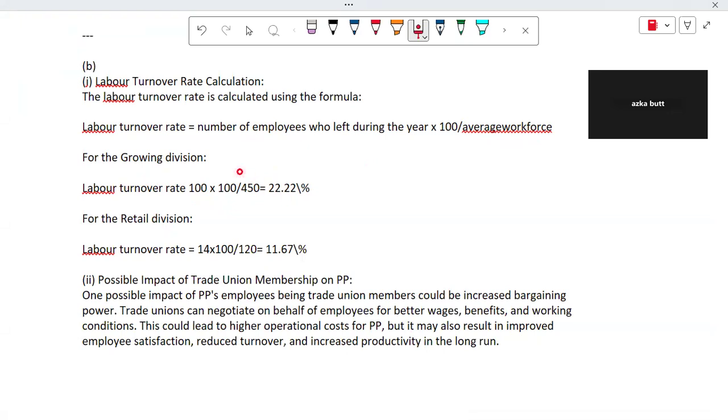So the labor turnover rate for the growing division is 22.22%. For the retail division, 14 people left. We multiply by 100 and divide by the average workforce, which is 120, so we have 11.67%. So in the retail division, fewer people are leaving PP.